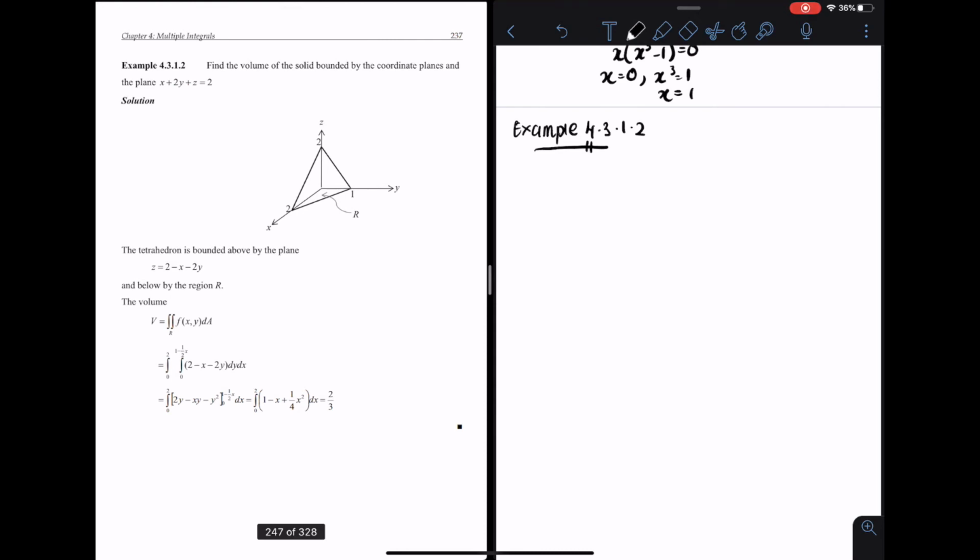So right now, you have to remember, when we use double integral to determine the area or to determine the volume, you have to determine what is function z or what is your function f(x,y). So right now, in this case, your function f(x,y) is given as x plus 2y plus z. No, this is not the answer.